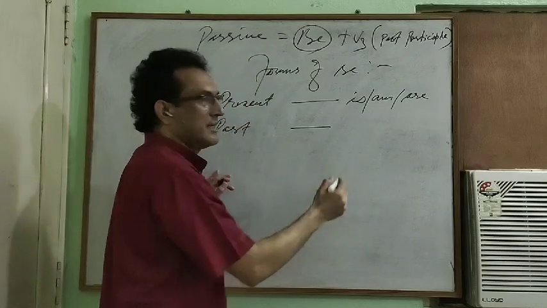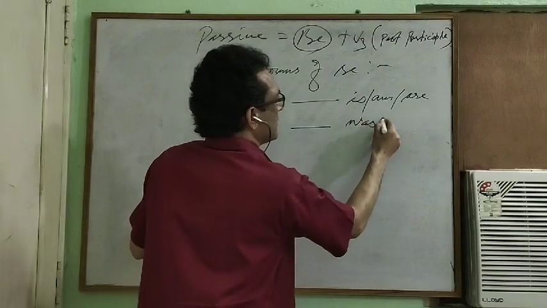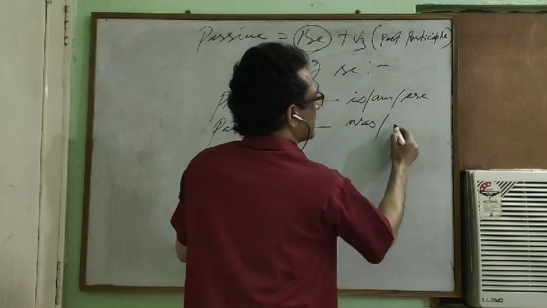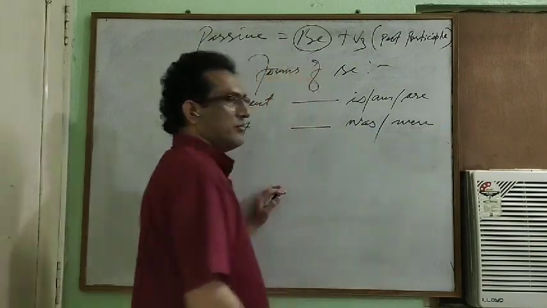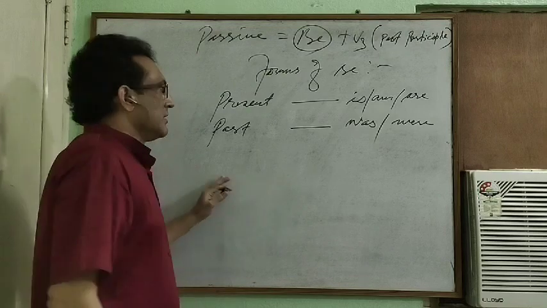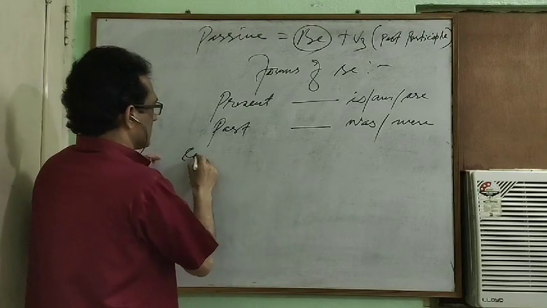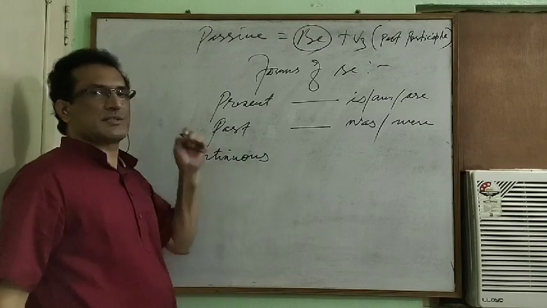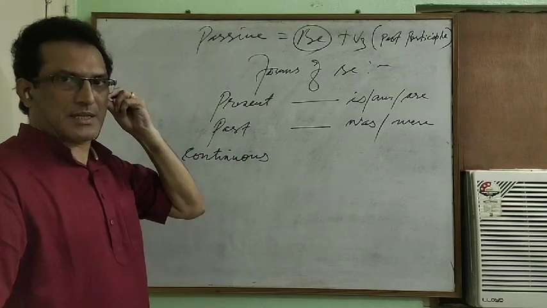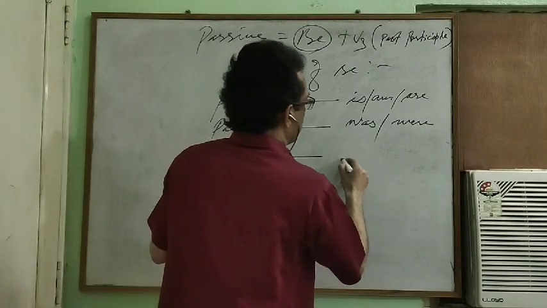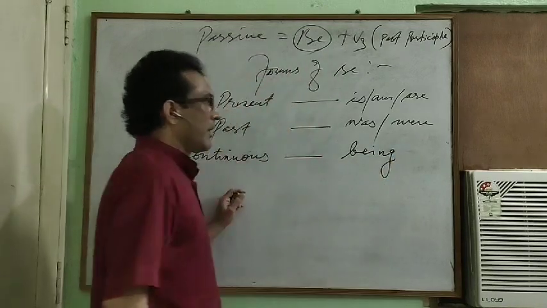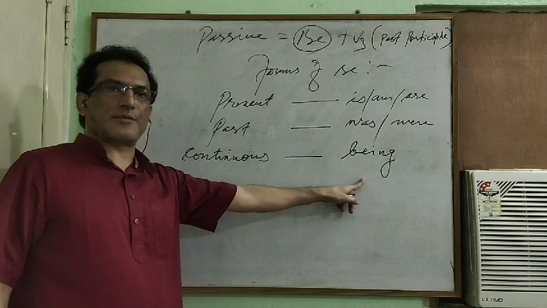Past of is is was, and past of are is were. Now, continuous. What is the continuous form of be? Be plus ing. That is being. Being is the continuous form.